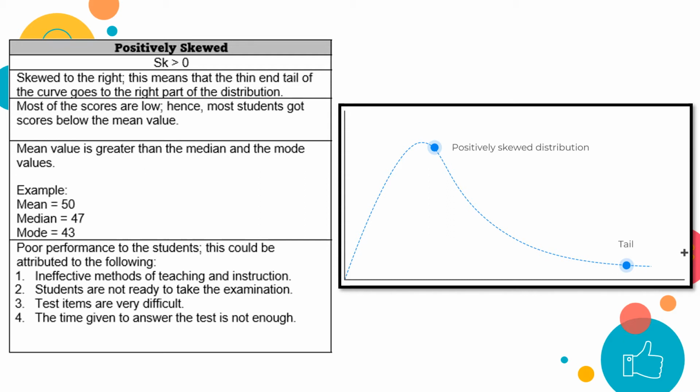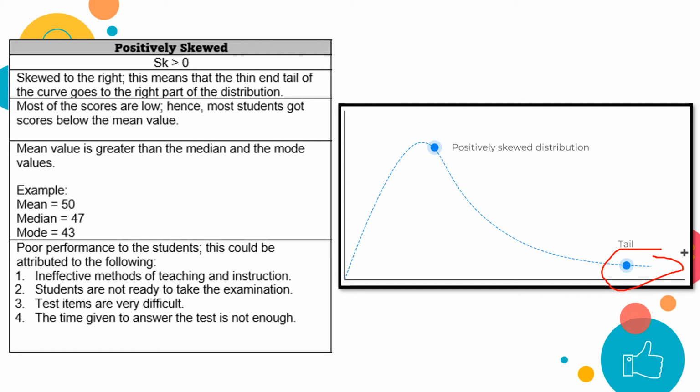So if SK is greater than 0, meaning it is skewed to the right, in this particular picture, this means that the thin end, the tail, goes to the right part of the distribution.